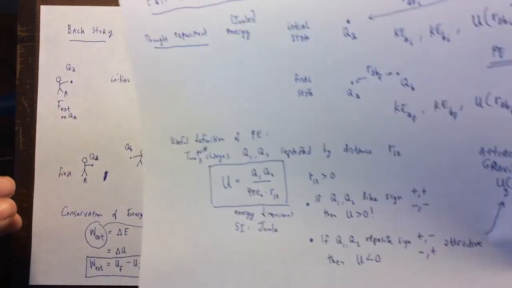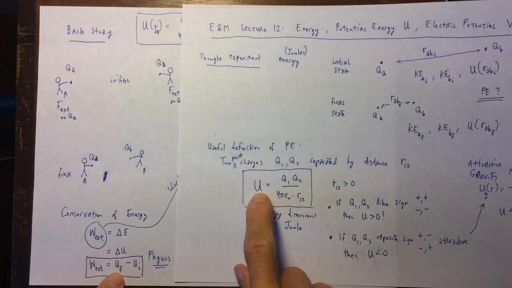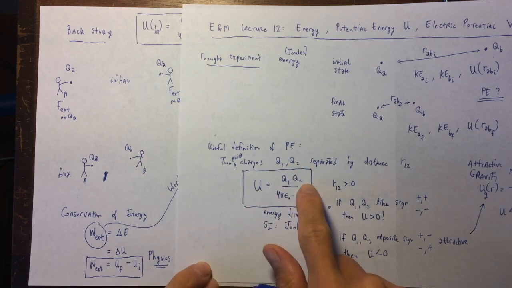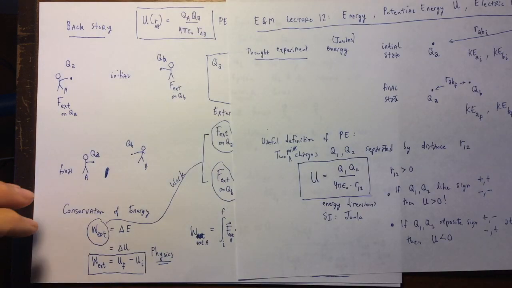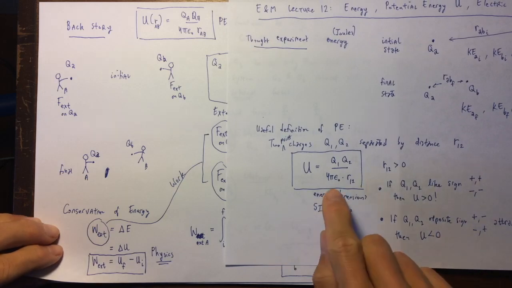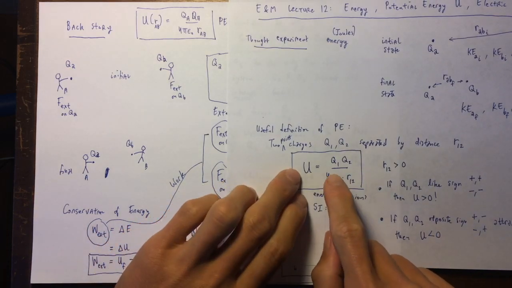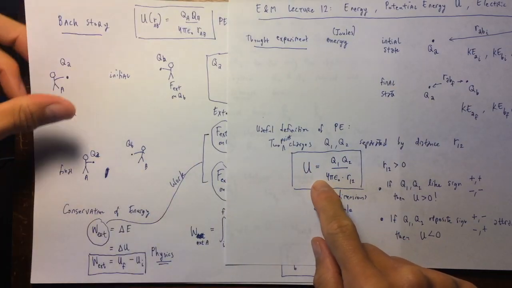I have given you a way to calculate the potential energy at the final state as well as the potential energy at the initial state with this function here. But I'd like to show you that this actually has something arbitrary associated with it.